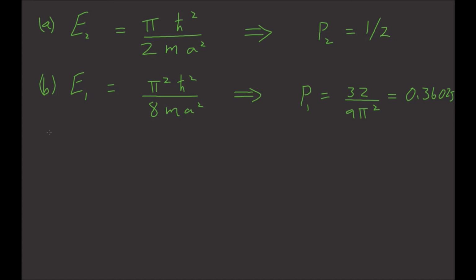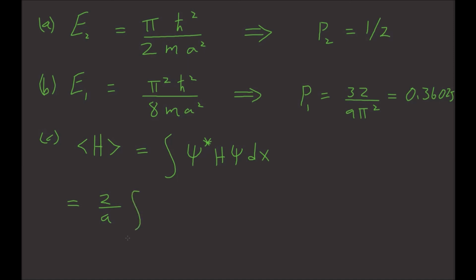Alright, so now part C, if we want to find the expectation value of the energy, so this is the expectation value of the Hamiltonian, which is equal to the integral of psi star times H times psi dx, which is equal to 2 divided by a, because we have two psi's, right?